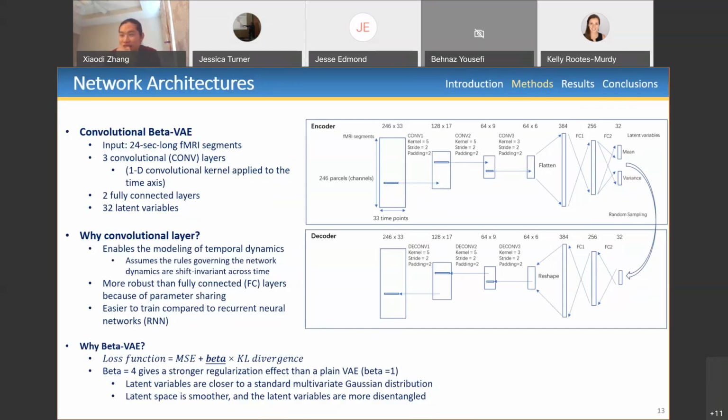I see. Okay, yeah. So a little bit of background about convolutional layers or neural networks in general. The idea is that the data itself might be redundant, meaning that some parts might be correlated with each other, so you don't necessarily need a large dimensionality to represent the data.